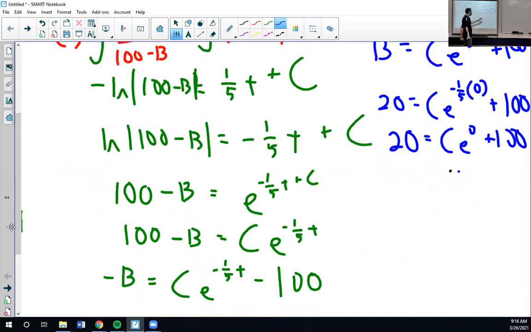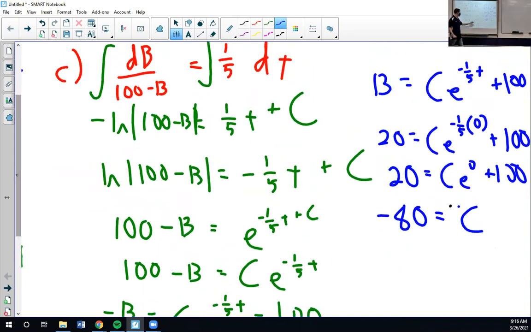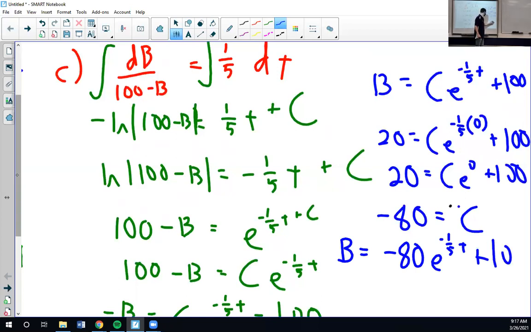And so let's see. I need -80. Subtract 100 from both sides. And then equals c times e to the 0 is 1. So c is -80. So our final answer will be -80 e to the -1/5 t plus 100.